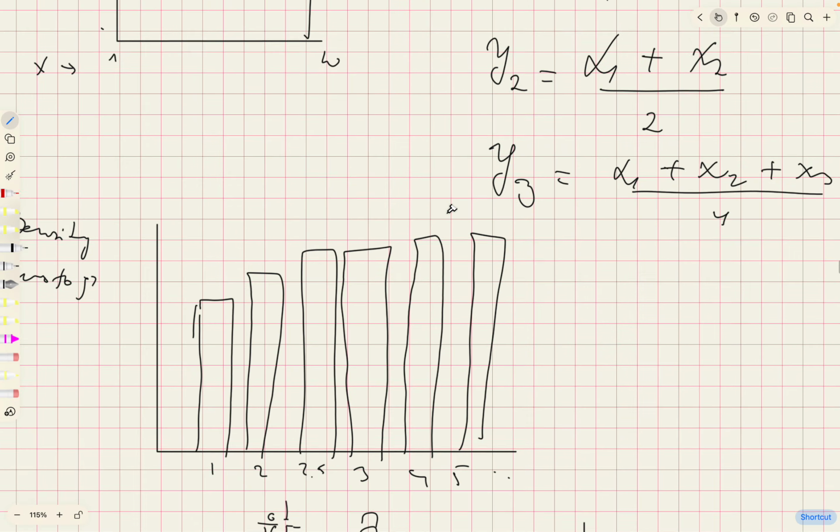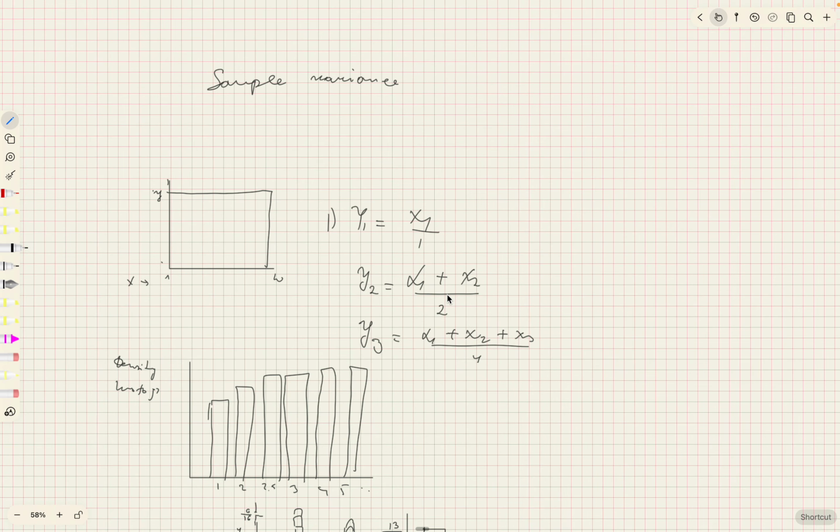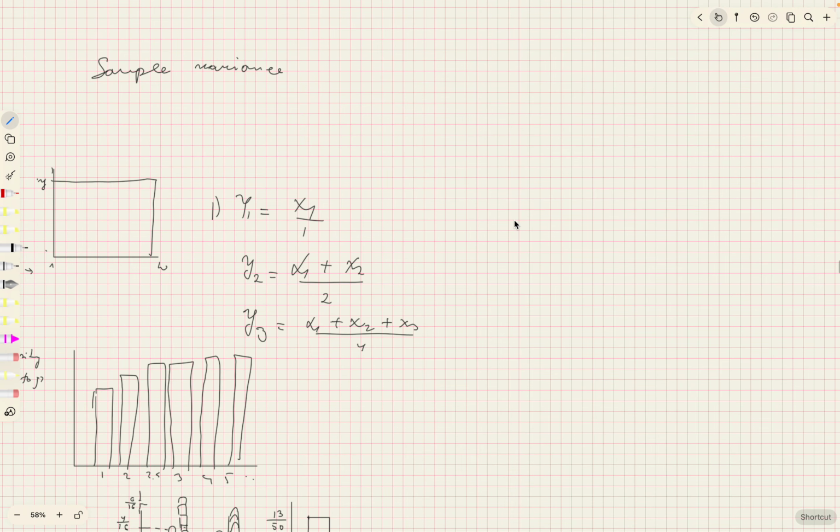Why? Because we just used one point here. And in case we take y2 and draw its density histogram, actually the distribution will be more bell-shaped. It would be something like this.